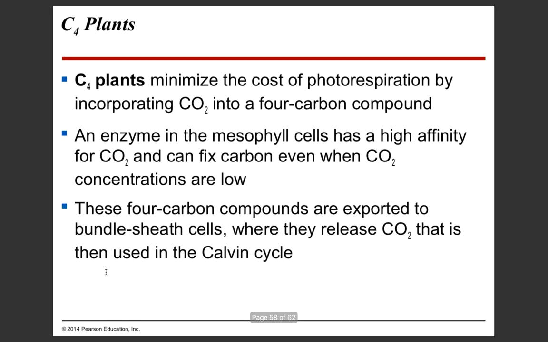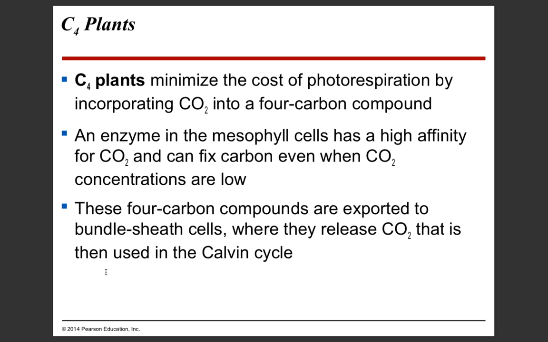Okay, we already talked about that. So C4 plants minimize the cost of photorespiration by incorporating carbon dioxide into a 4-carbon compound. So this is different because photorespiration usually makes a 2-carbon compound. This is incorporating carbon dioxide into a 4-carbon compound.